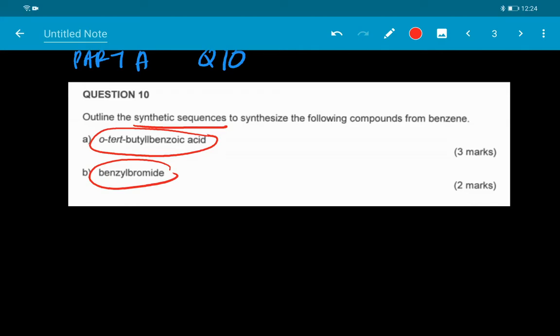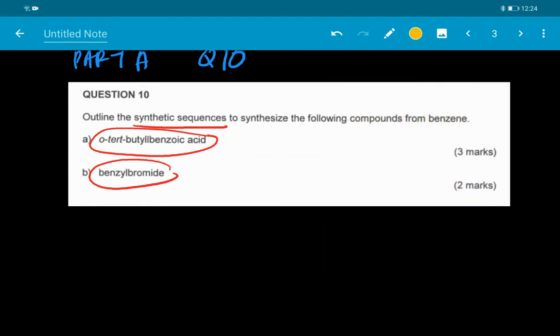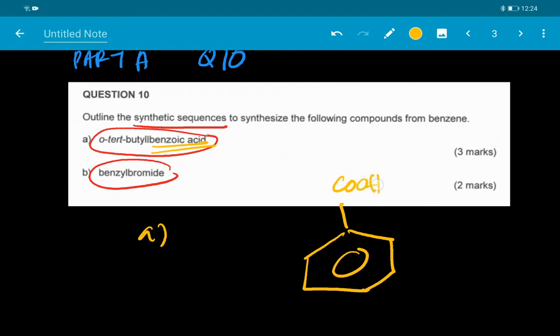So let's take a look at A first. For A, again, the parent name is benzoic acid. So we might as well draw the parent chain first, which comprises the benzene with one of the carbons attached to the COOH. So automatically, the carbon attached to the COOH will be positioned at the first carbon, and whether you go clockwise or anti-clockwise, make sure the number of carbons in the benzene ring is 6.